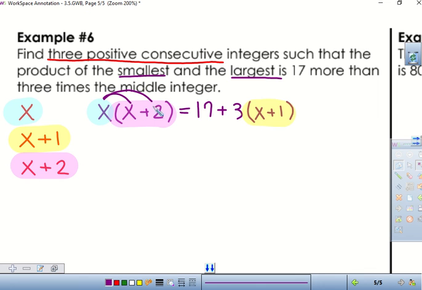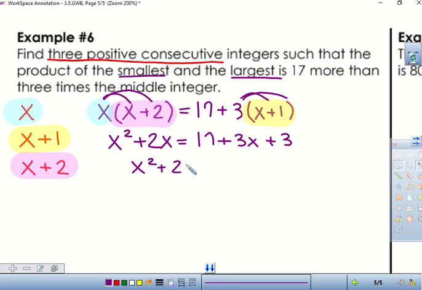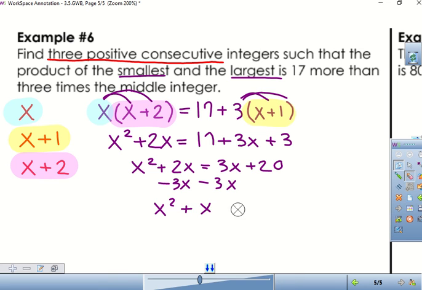So now we can distribute here. Distribute. Combine like terms. And then bring everything to the left. Minus x.